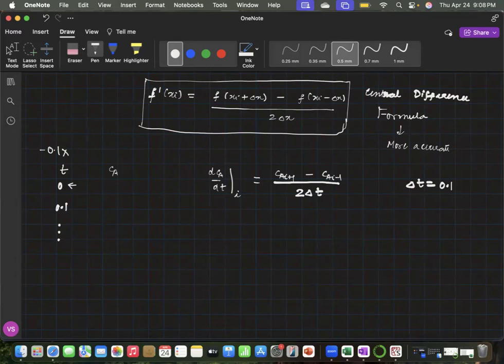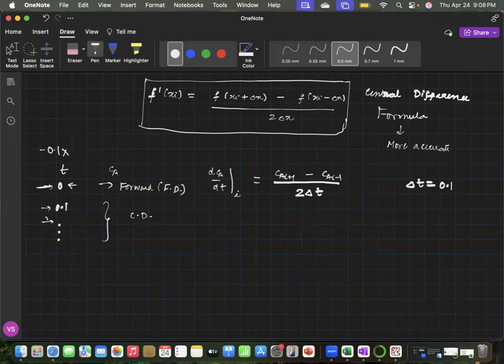So the only other option that we have is to use the points that are available. We have this point and we have the point next to it. So for the evaluation of the derivative at time t equals 0, we are going to use forward difference. For all the others, we could use the central difference method because we have a point behind it and a point ahead of it.